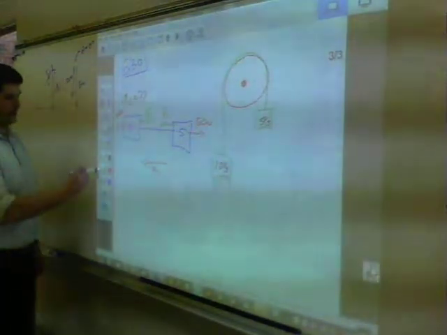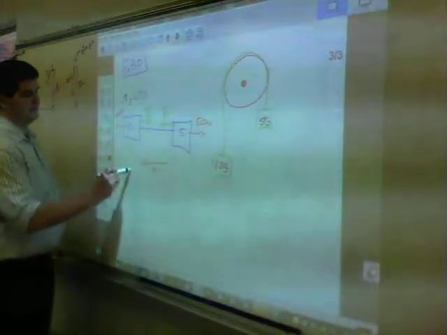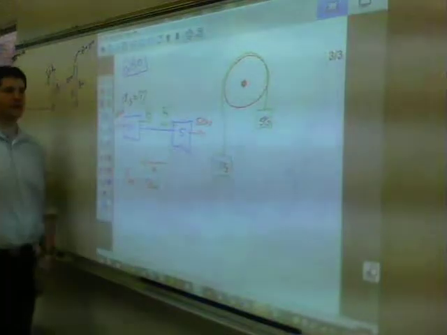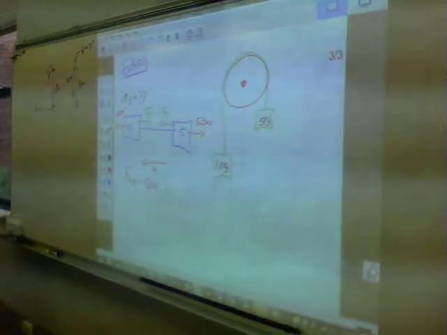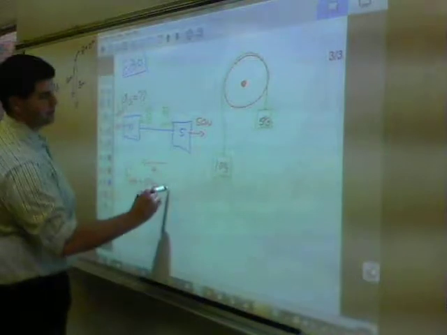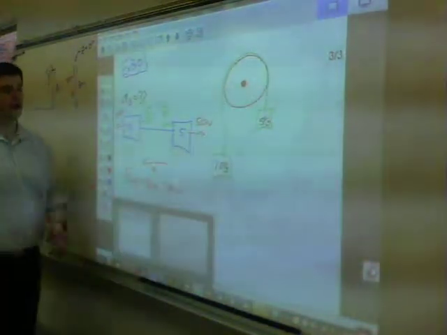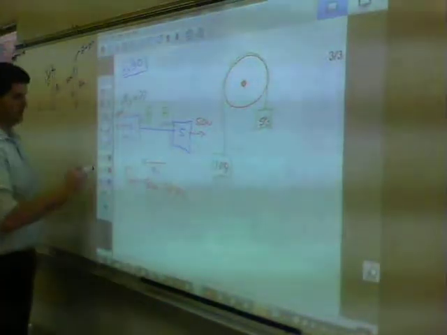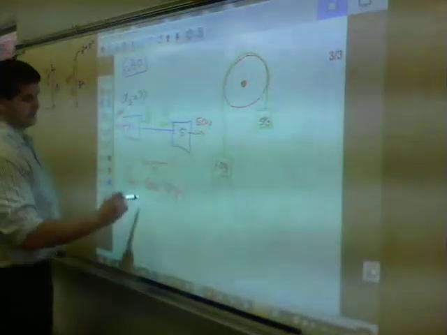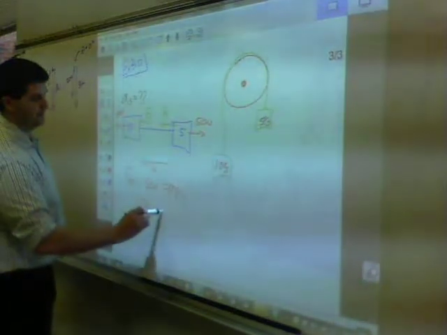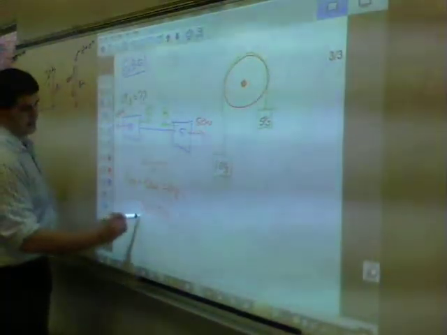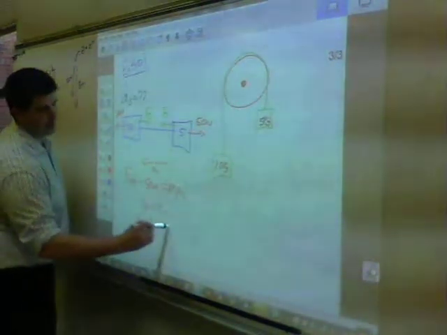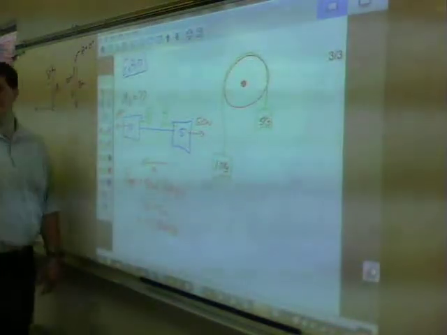So we end up saying F net of the system is equal to 50 newtons, because 100 minus 50. That's equal to mass times acceleration. Now the mass of the system is 15. So 50 is equal to 15 times a. So a is equal to 3.333 meters per second squared.